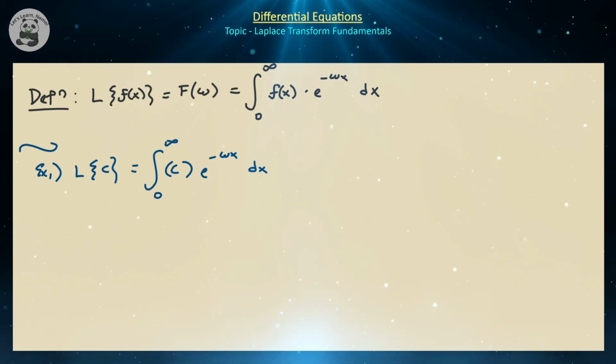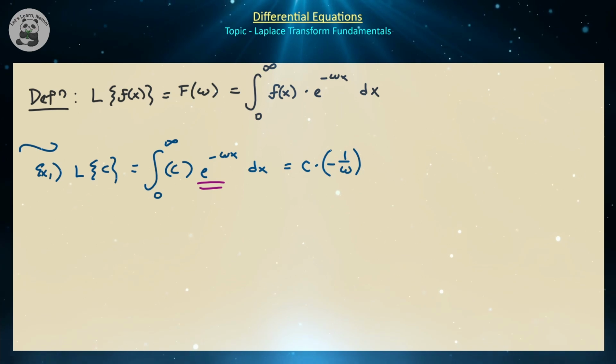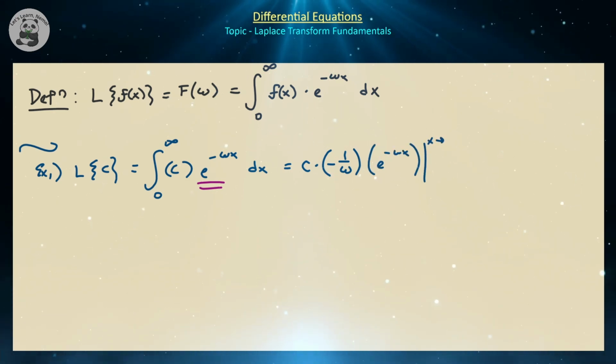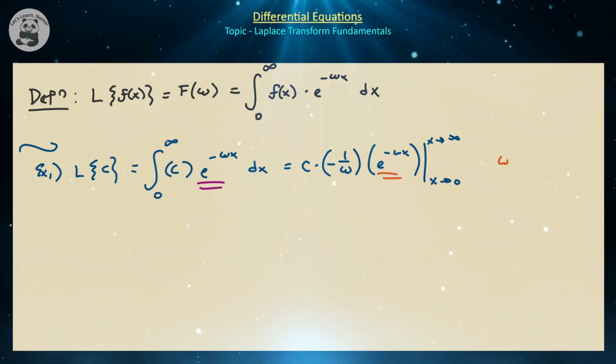So the constant can of course factor out, and we're just going to be left with this e to the minus omega x exponential, which is just going to be equal to c times minus 1 over omega times e to the minus omega x, and of course this needs to be evaluated as x goes to infinity and as x goes to 0. As x goes to infinity, this exponential goes to 0, provided that omega is positive, which we're going to be taking as an assumption.